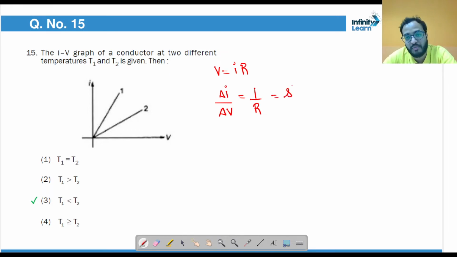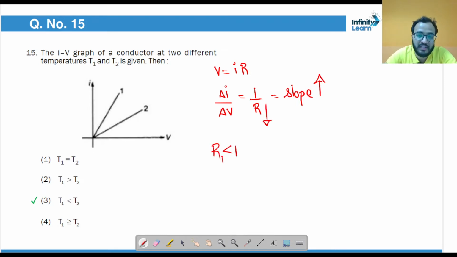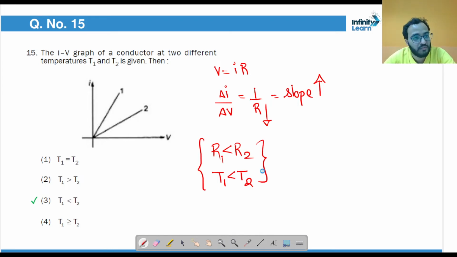So this is the slope here. Greater the slope, lesser the resistance. That means R1 is less than R2. So definitely T1 is less than T2 because resistance is directly proportional to temperature. Got it? Third option is correct.